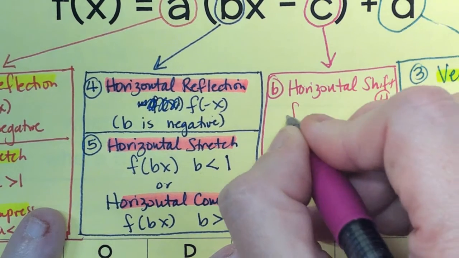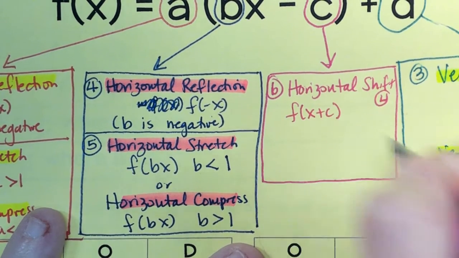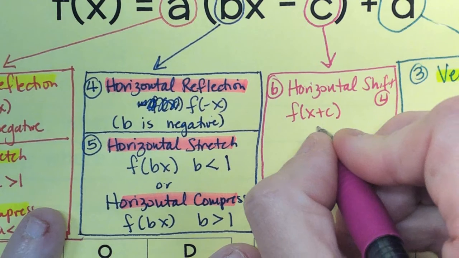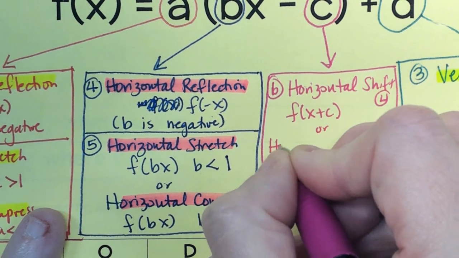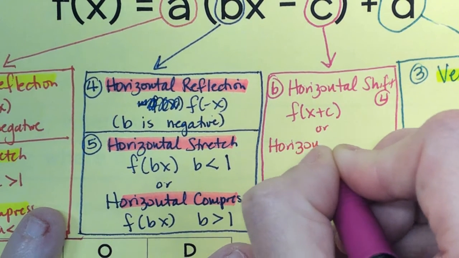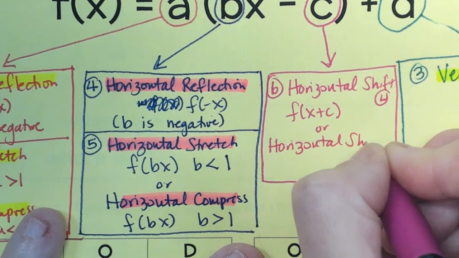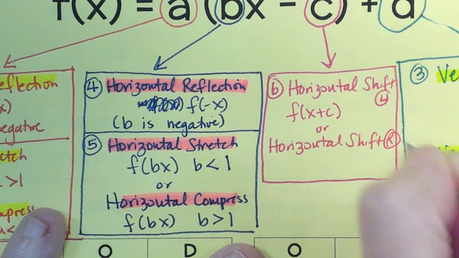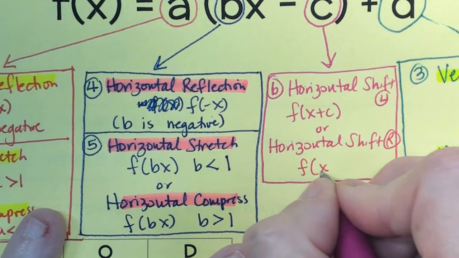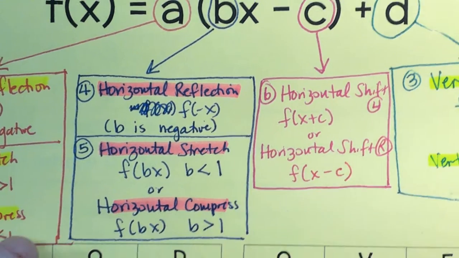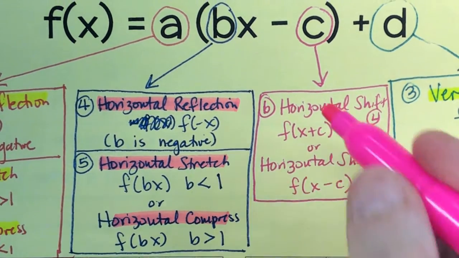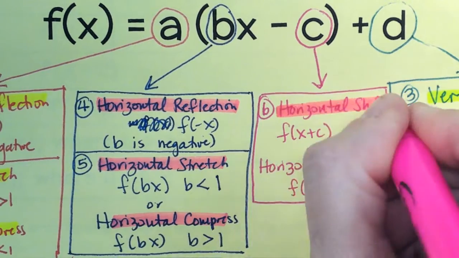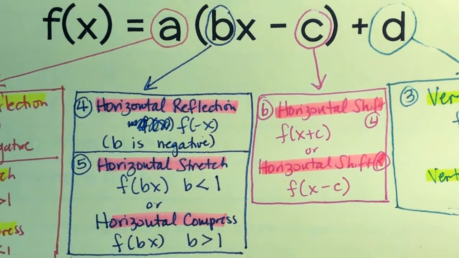Which is f of x plus c. Or we could have a horizontal shift right, which is f of x minus c. Take a minute and write those down.